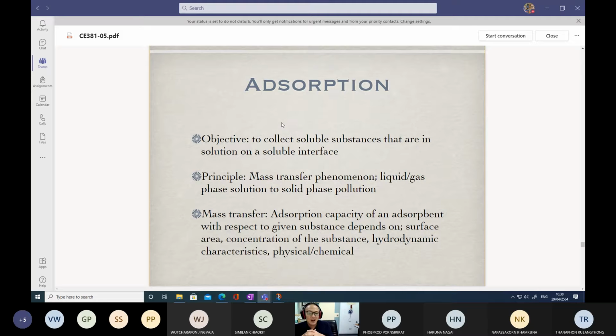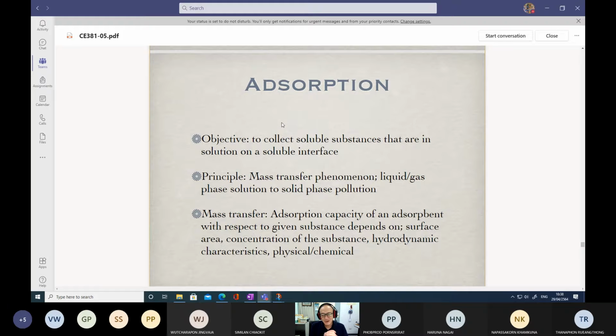One of the most common adsorbents used in this process, you may already know, is activated carbon. I'm not sure whether you have ever heard about this activated carbon. Activated carbon is one of the very common adsorbents used in water purification.